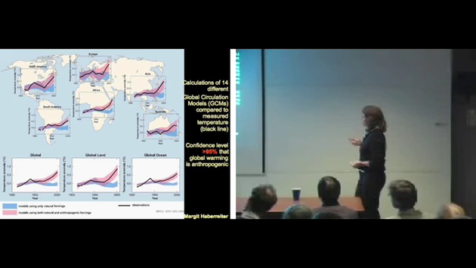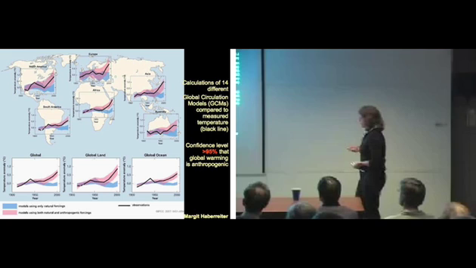they took an ensemble of 14 global circulation models, and they tried to model the increase of the observed temperature, that is the black line, over different continents.